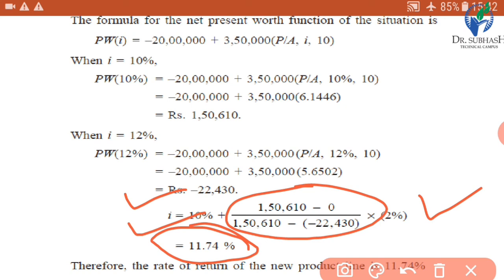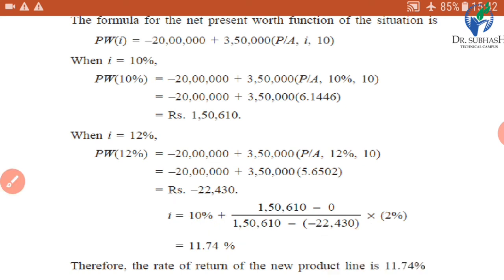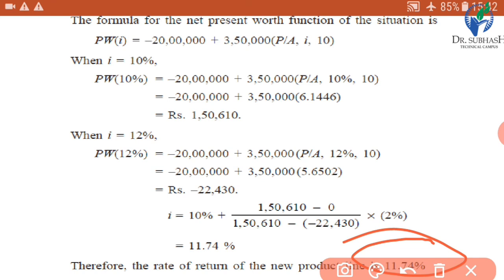So it is near to 12%. Therefore, the rate of return of the new product line will be 11.74%. So this way we can find the rate of return.